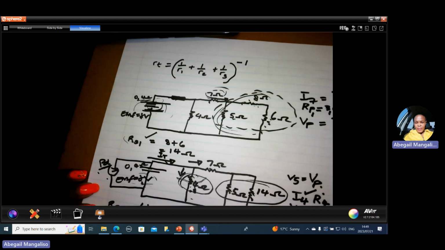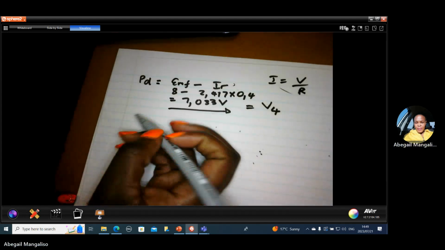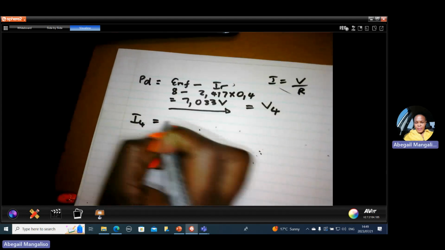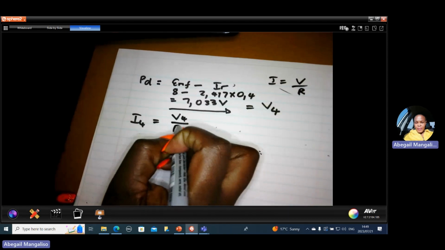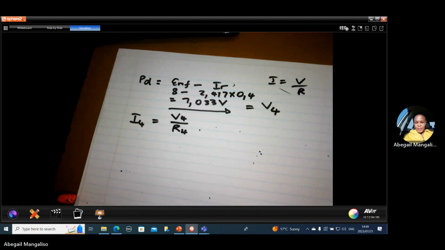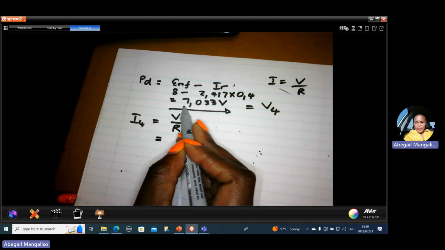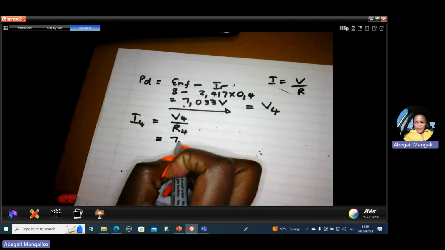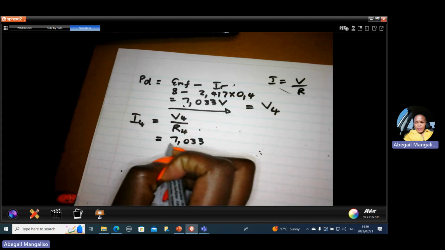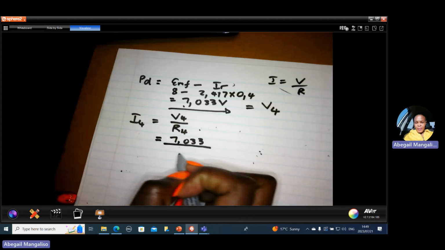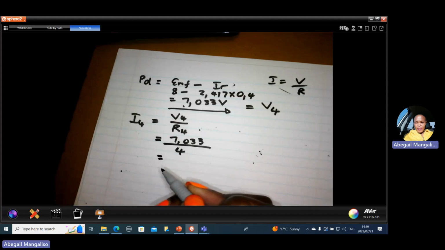Now that there is a value of V4, we can calculate I4, because I4 will be equal to V4 over R4. V4 is the same as the potential difference. So it's 7.033 divided by R4, which is 4.